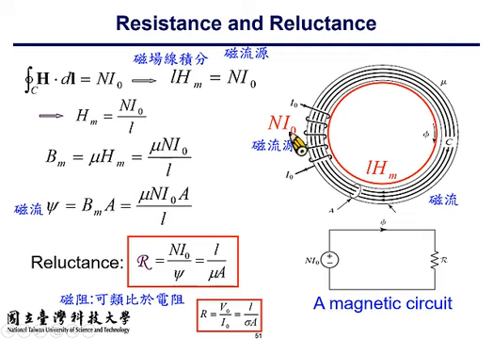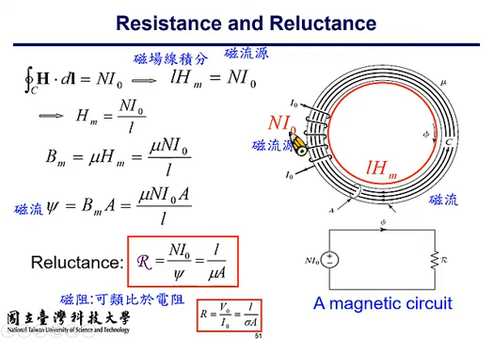So the magnetic field intensity can be found by Ni sub 0 divided by the length L of the magnetic circuit. And the corresponding magnetic flux density B can be found by the product of permeability mu with the magnetic field intensity H. So we have the following expression.